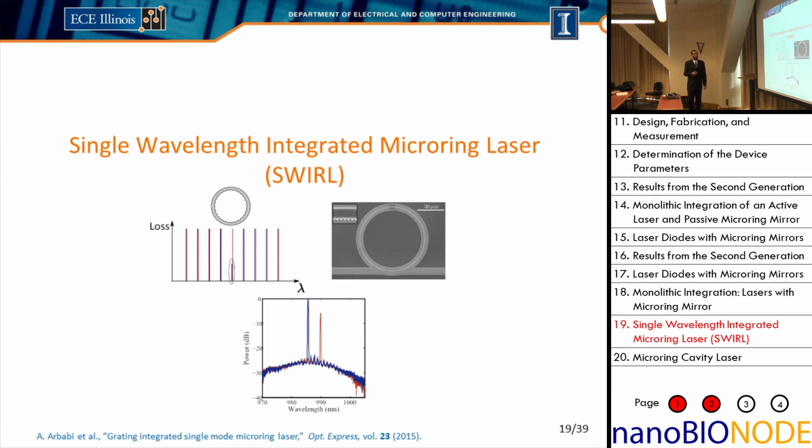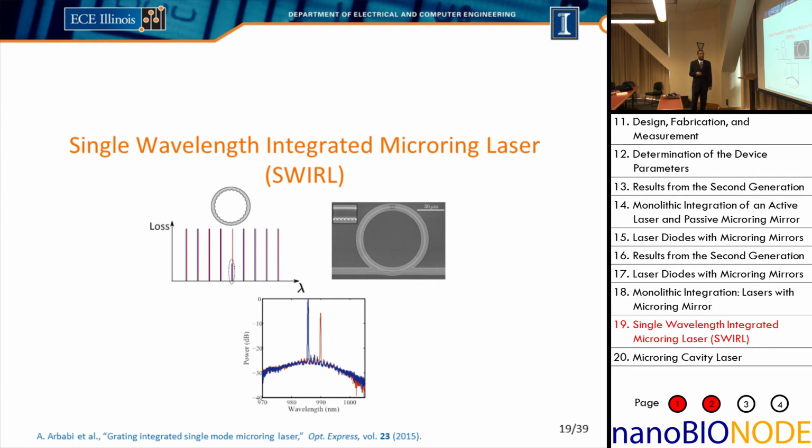There's also the second order grating, and a second order grating, what it does is it couples light not only to the forward direction, but it also couples light out of the plane. And so you can generate lossy mirrors if you pattern a second order grating.